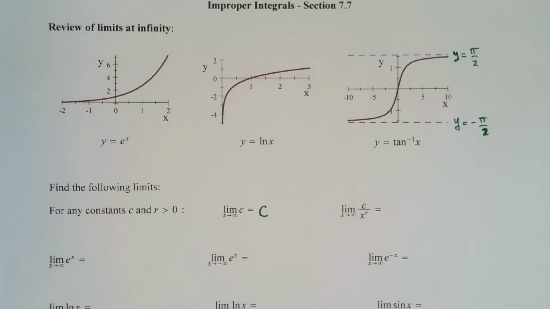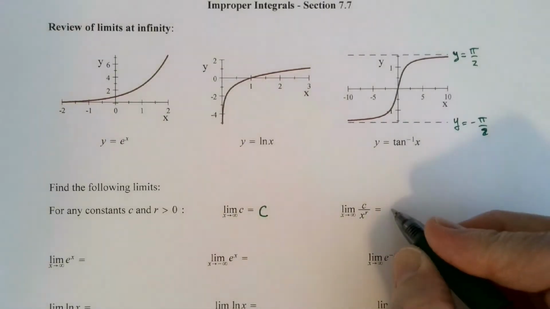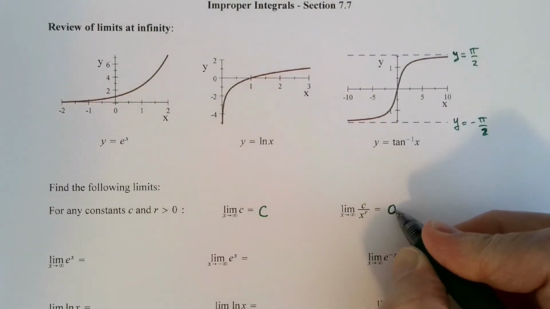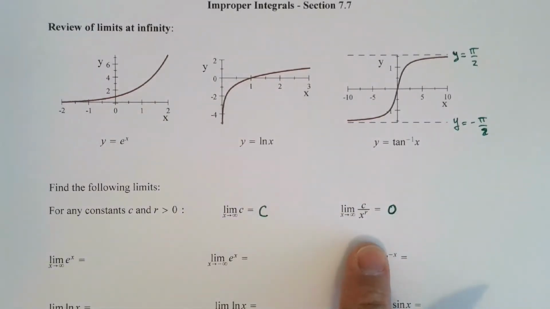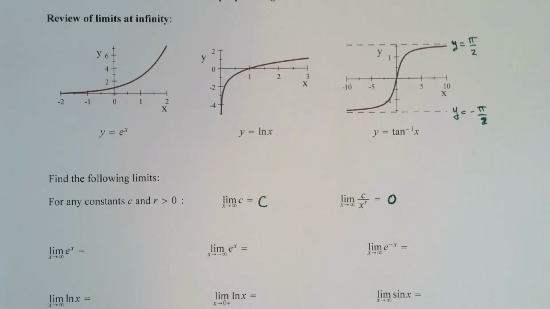It's going to get bigger and bigger, and so as the denominator gets bigger and bigger, this overall fraction is going to get closer and closer to zero. In fact, that's what the limit is. It's an important one that we actually used at the very beginning of the course, when we looked at those right hand and left hand sums and then took the limit as n went to infinity. Very similar to that.